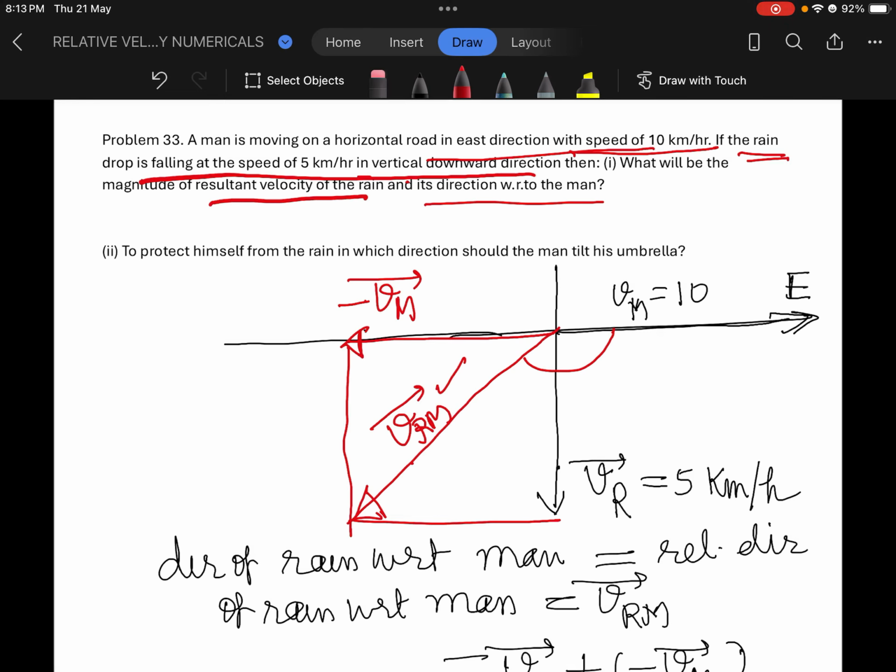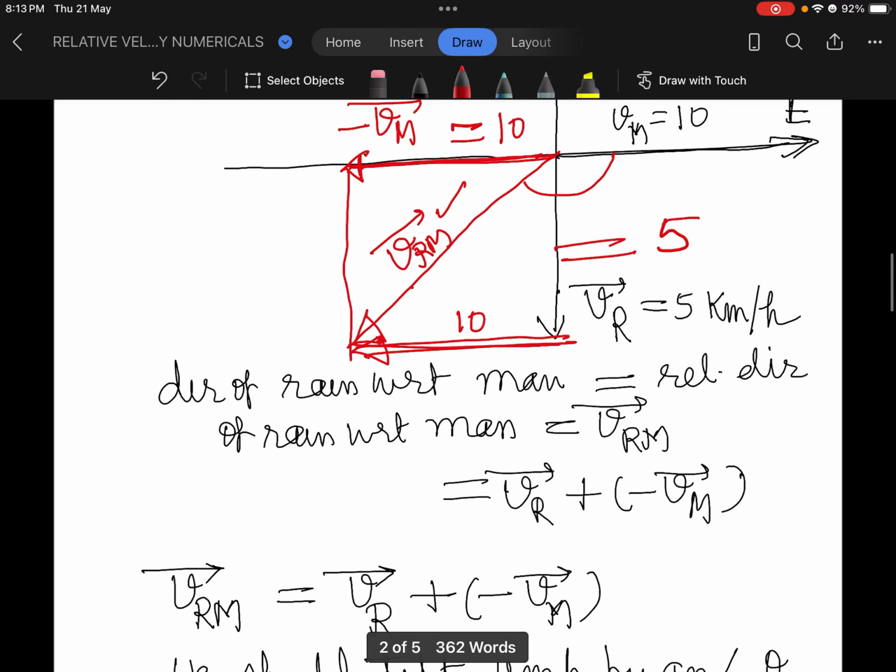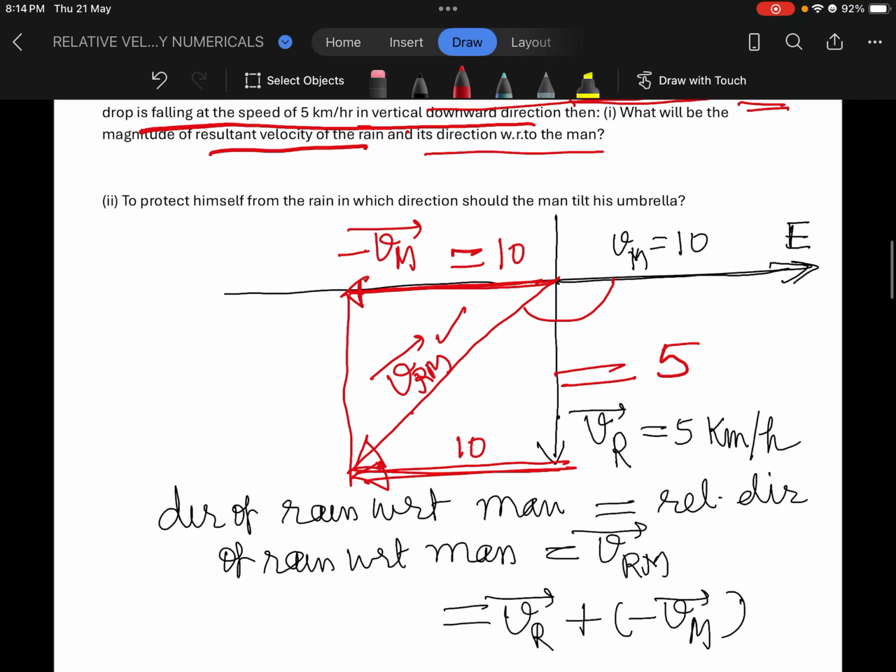Magnitude you can find. This is how much? 5. What will be the value of this? Its value will be equal to magnitude of vector VM, which is given 10. It's clear. So what will be VRM?